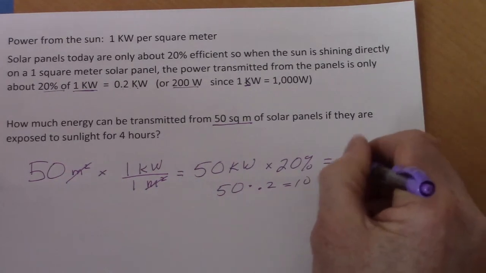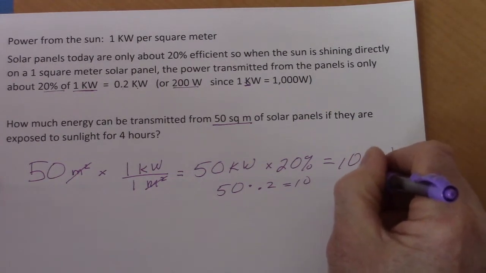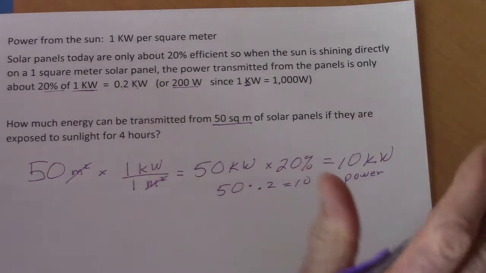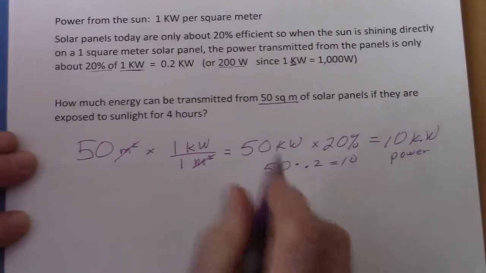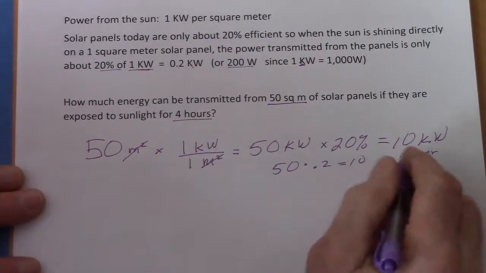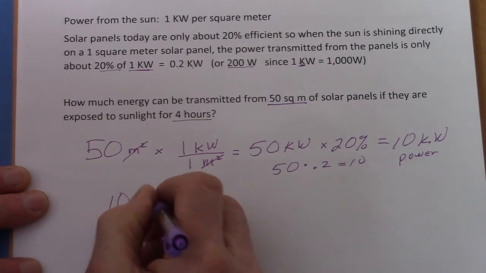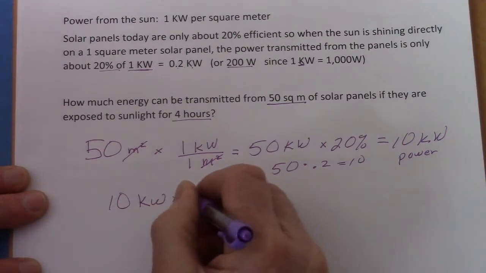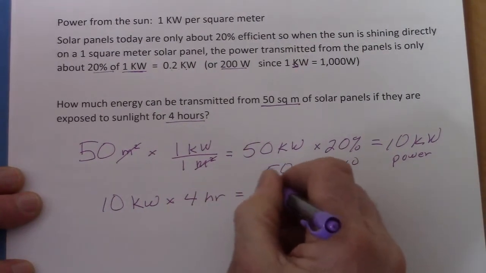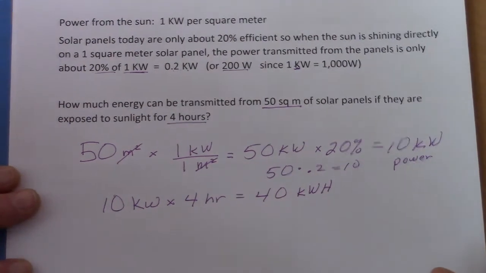So that will give us 10 kilowatts, and that is the rate that electricity is leaving the panel. But it's going to run for 4 hours. So we take that power, 10 kilowatts, and multiply it by 4 hours. And that will give us 40 kilowatt hours. Okay?